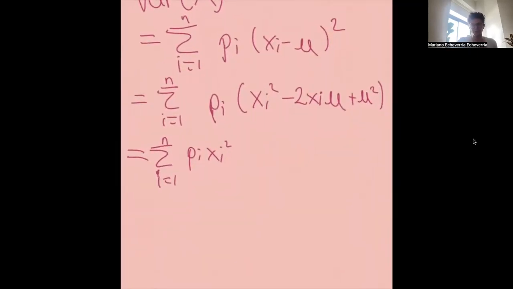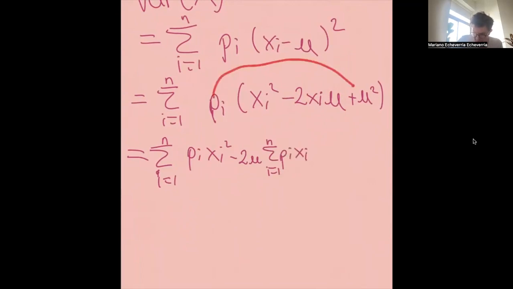Let me just write a little bit smaller. By the way, when I separate the sum, 2 mu, the expected value, is a constant, so you can take it out of the sum. So you can take it as 2 mu times the sum from i equals 1 to n of p_i x_i.